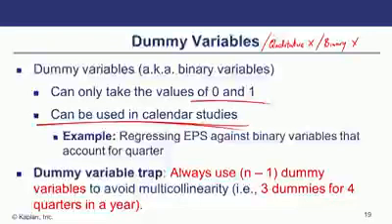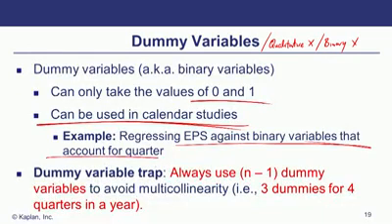So in our example, we will regress earnings per share against binary variables that account for quarter. You could, of course, come up with dummy variables for days of the week or months of the year. We'll just do a quarterly study.